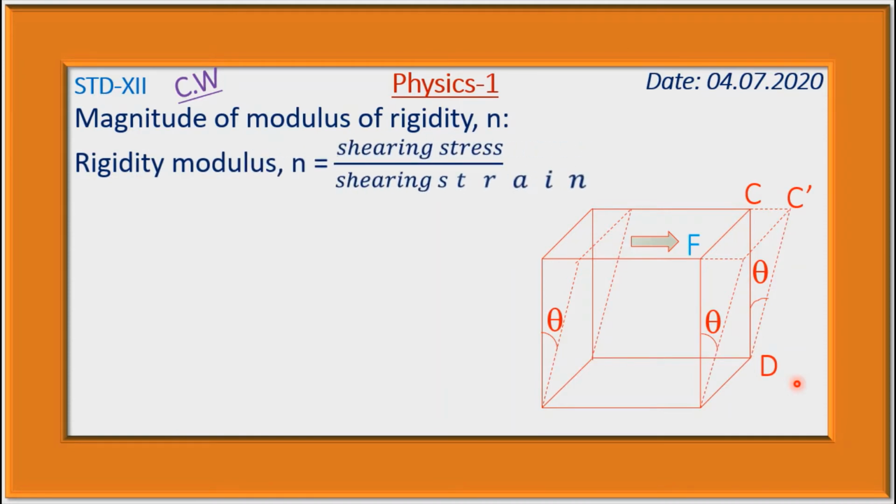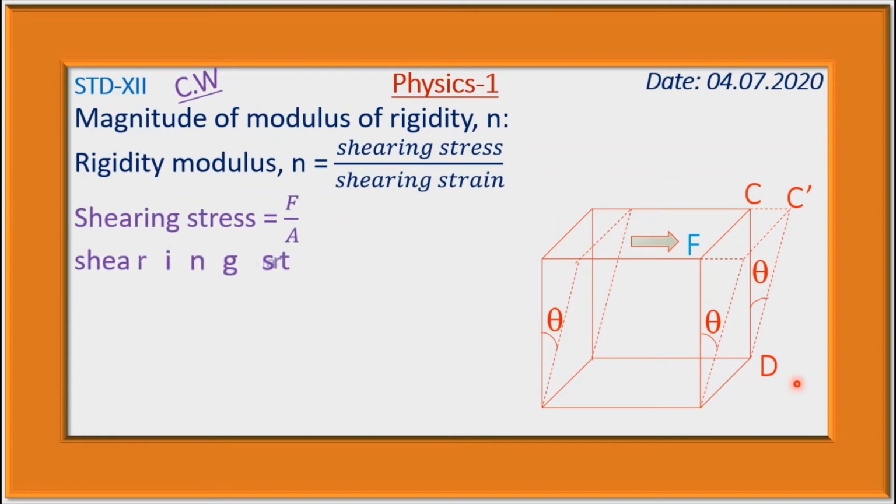And rigidity modulus N is equal to shearing stress divided by shearing strain. In this case shearing stress is equal to force divided by area, F by A, and shearing strain is equal to theta measured in radian, which is equal to tan theta, C prime divided by CD.